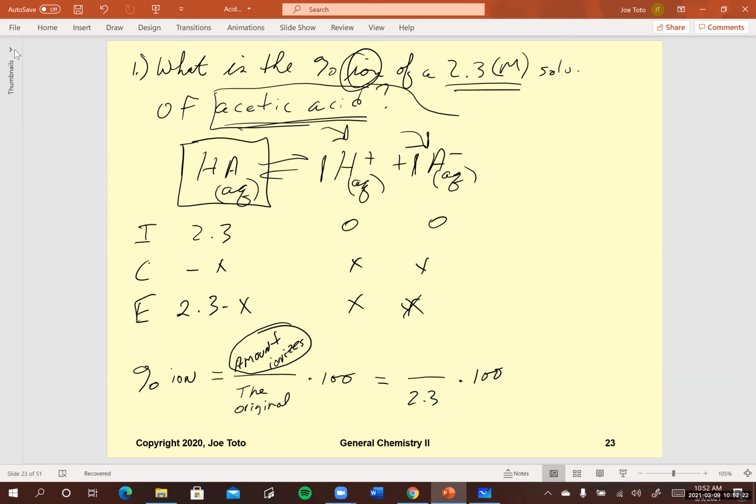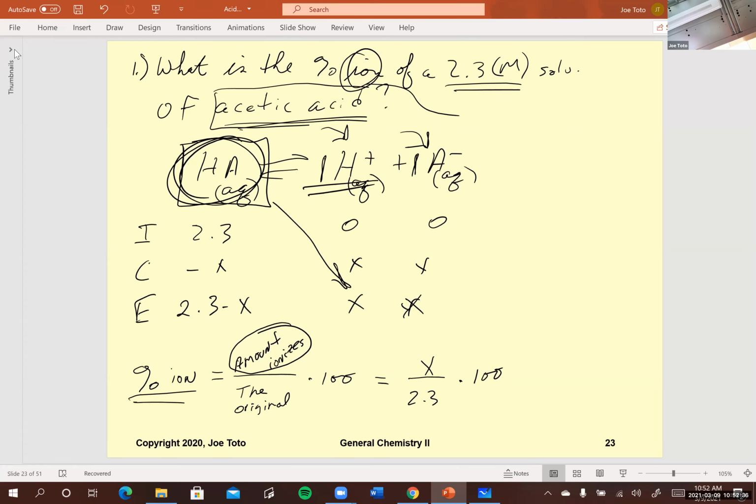Yeah, it's X. For every one of these that breaks up, I get one of these. So X is the amount that HA breaks up, right? So that's what percent ionization or dissociation means. It's exactly what it says, right? How much of that breaks up, the ice table tells you.